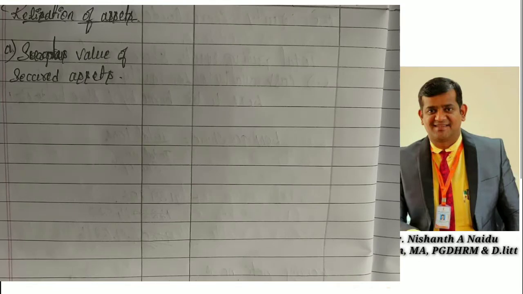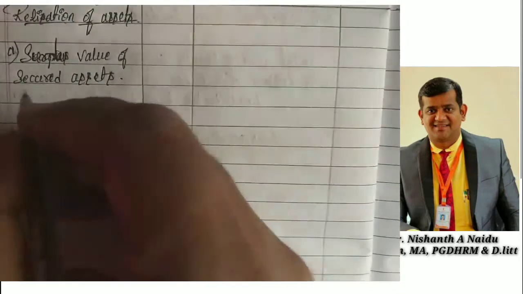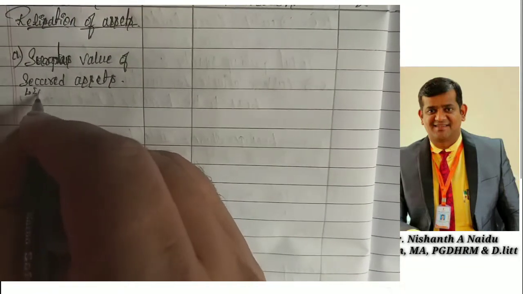So for 1,30,000 rupees, land and building has been secured. But what is the realized value of land and building? 3 lakh rupees. So the secured asset is land and building.